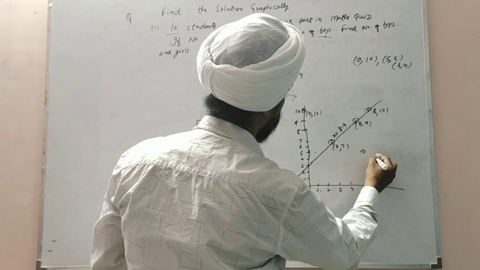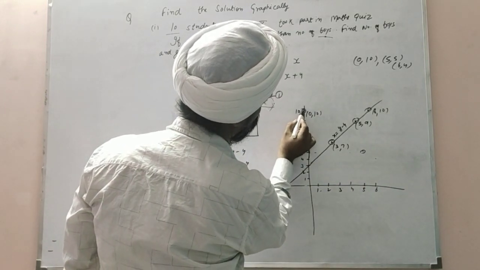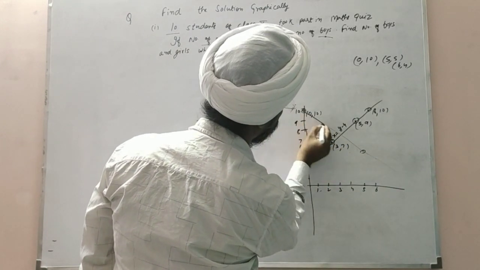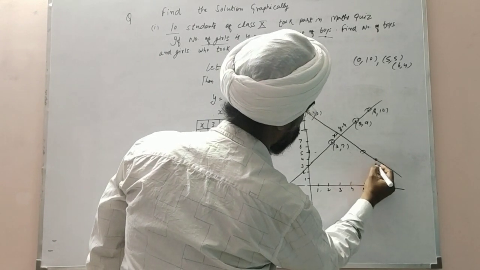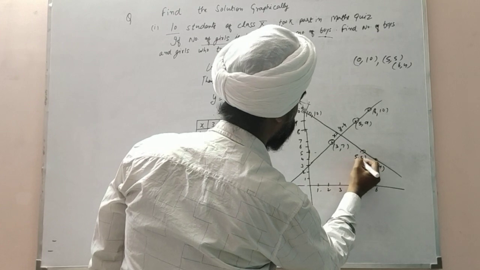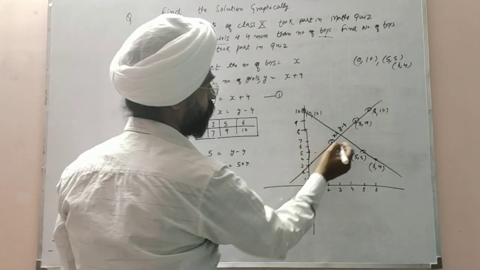It will be like this. This will be a straight line like this. 6 and 4, 5 and 5, now 0 and 10. This is the second equation.